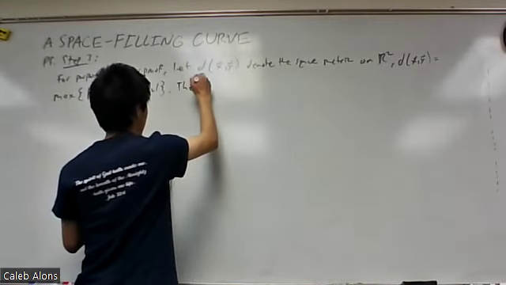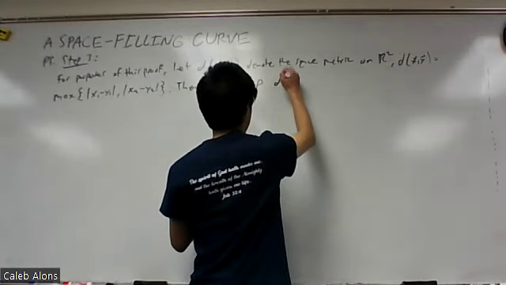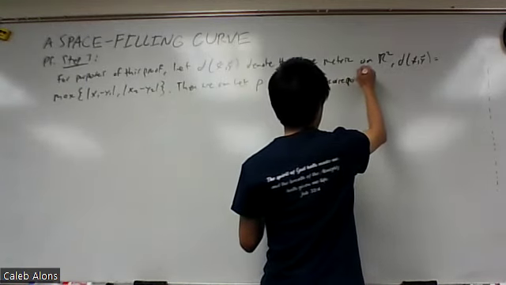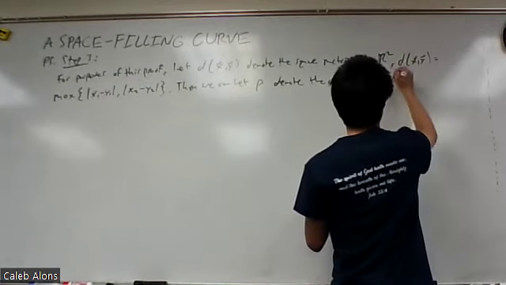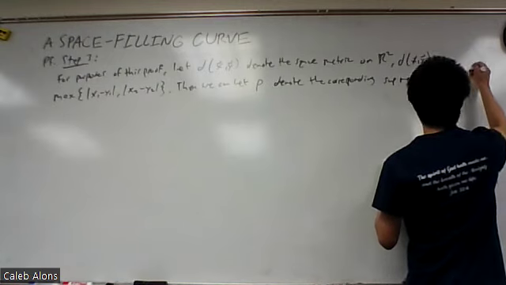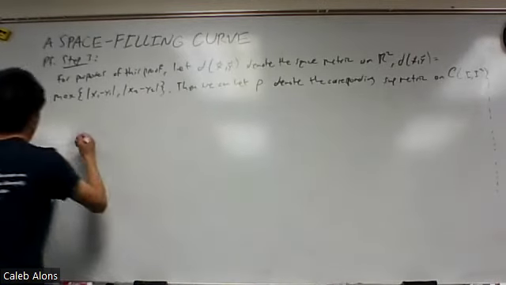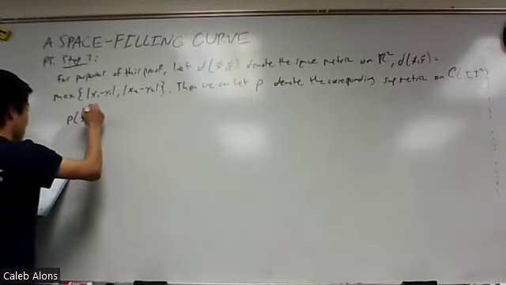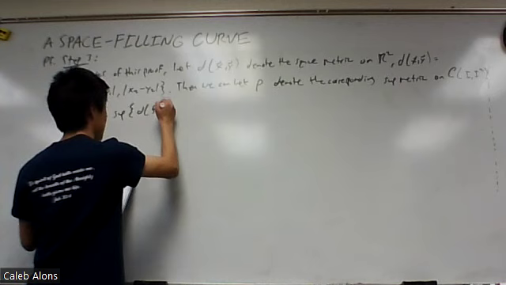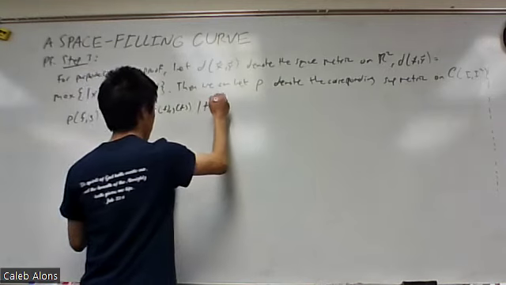So then we can let our symbol rho denote the corresponding supremum metric on the set of continuous maps from I to I^2, which will be rho(f,g) is the supremum of the distance d(f(t), g(t)) for t values in I.